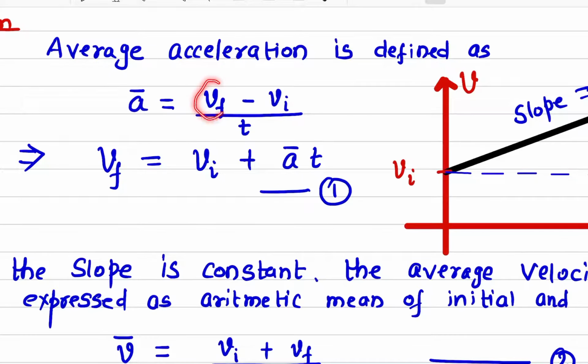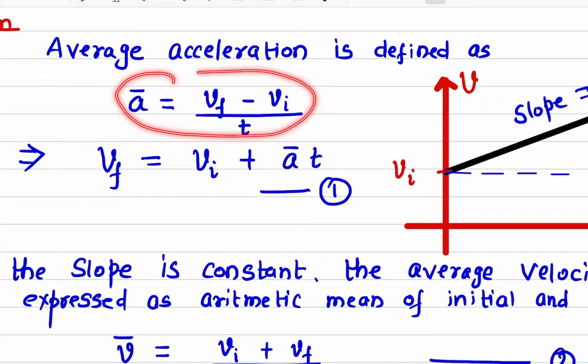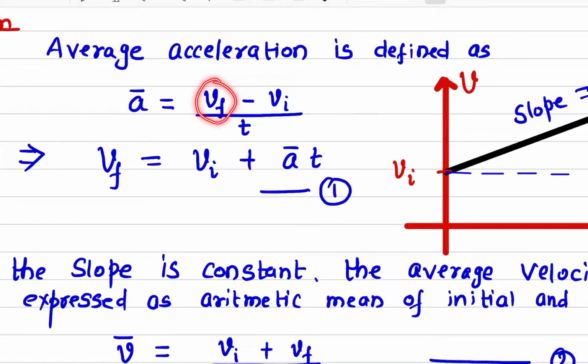This is the final velocity and this is the initial velocity. The difference is the change in the velocity, and if we divide it by time, this gives us the average acceleration. From this equation, we're going to solve for Vf, that is the final velocity.